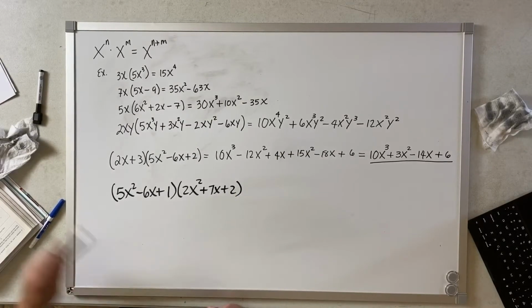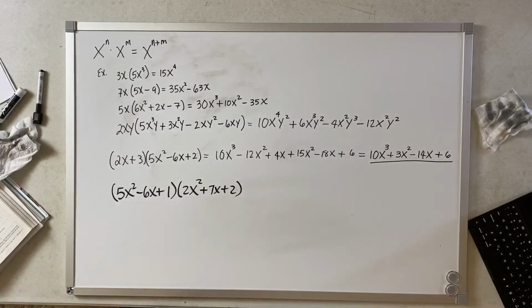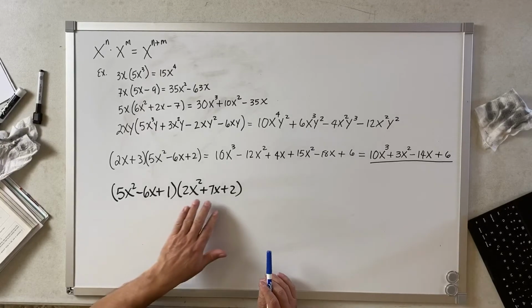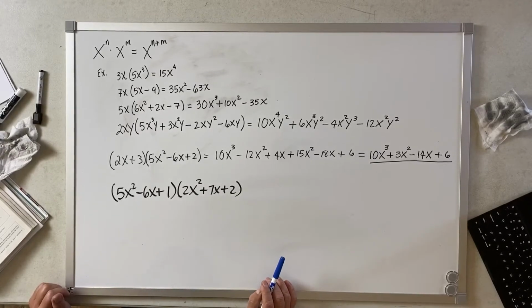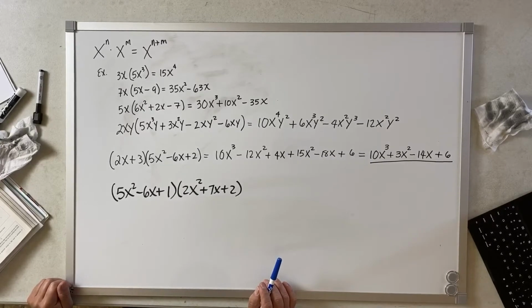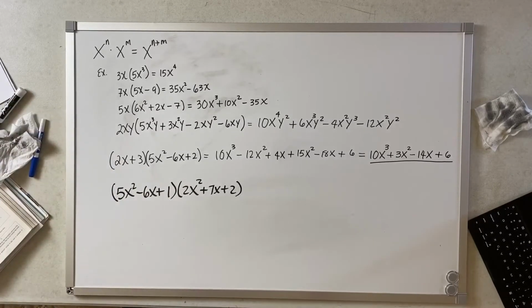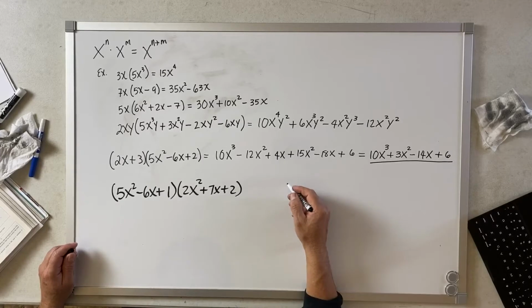I think I like the other one better. I better do it the other way, the other method. It's easier because they are both trinomials. It doesn't matter which one I write first. So here, I'm going to write the following.